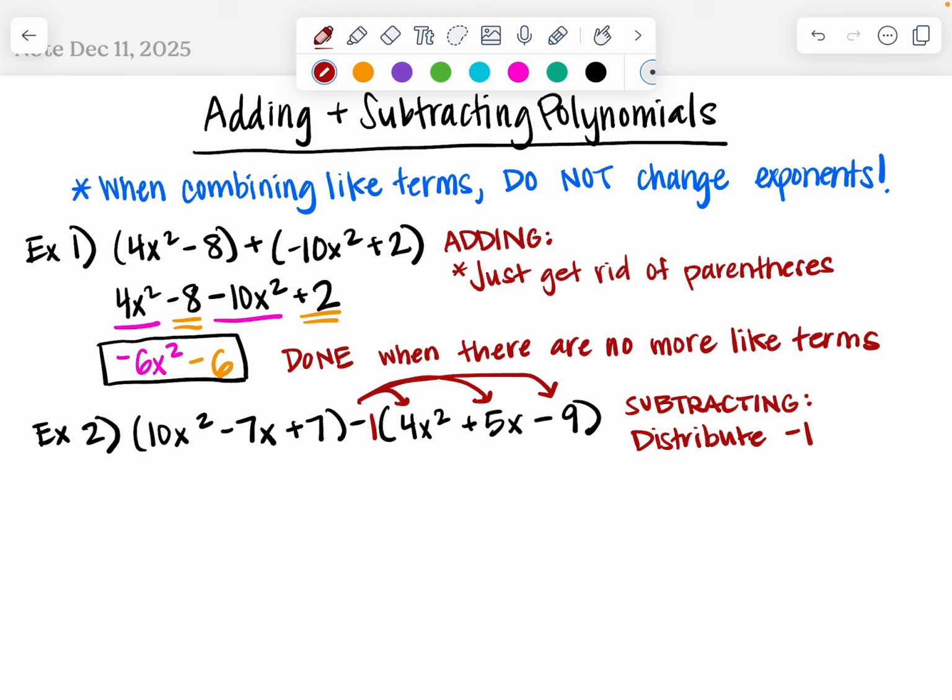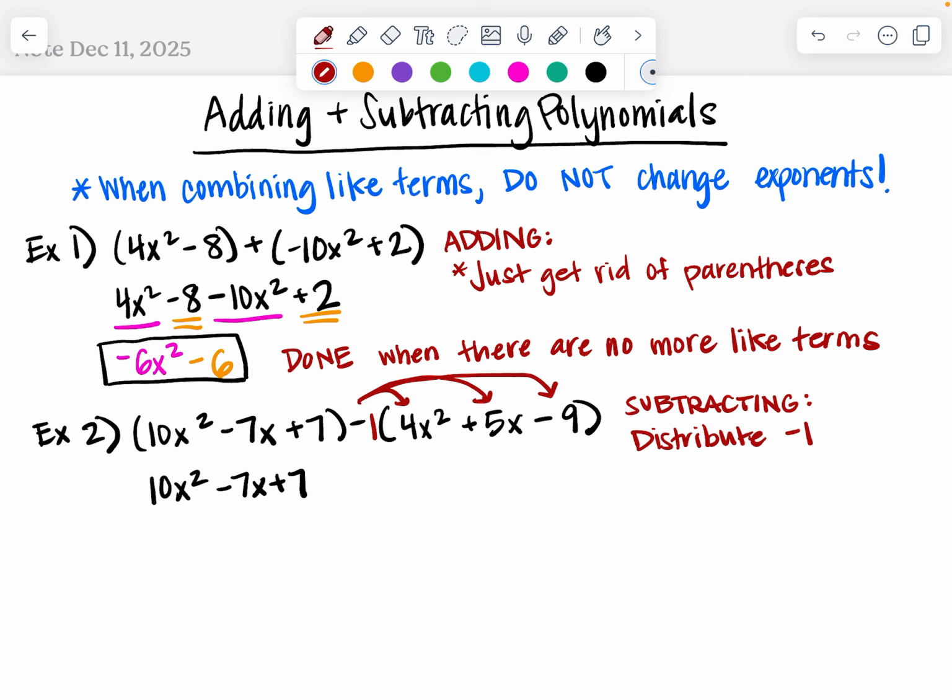So remember, when we distribute, we are multiplying. So I'm going to rewrite. The first one stays the same. We don't need the parentheses. And to get rid of the second set of parentheses, I have to distribute that negative 1.